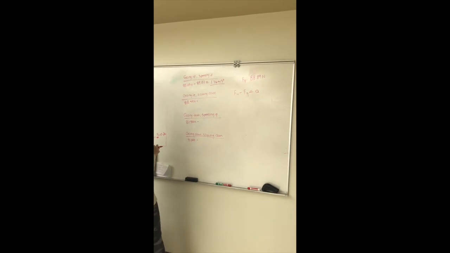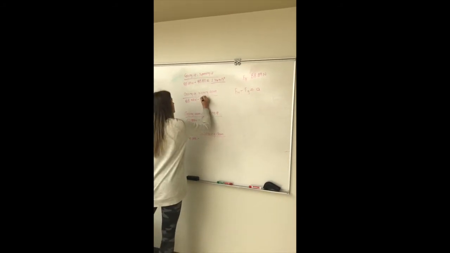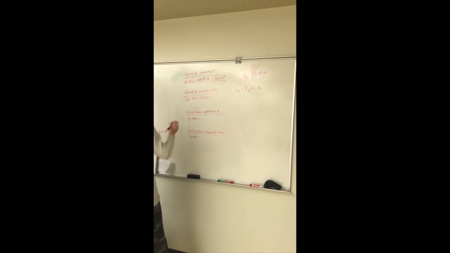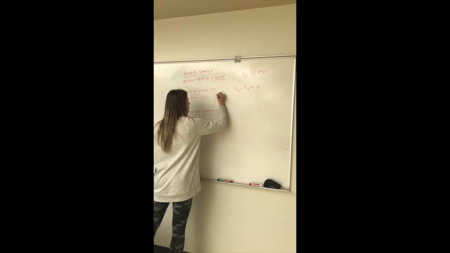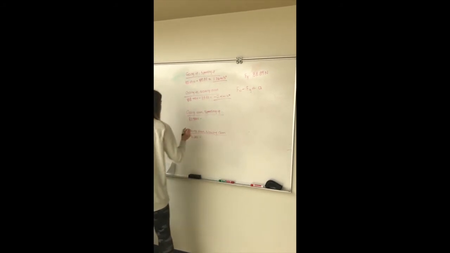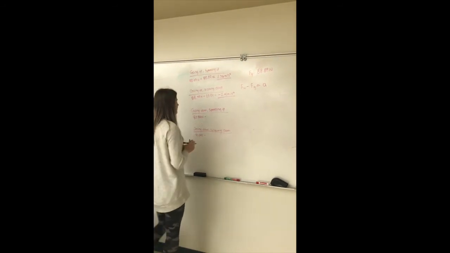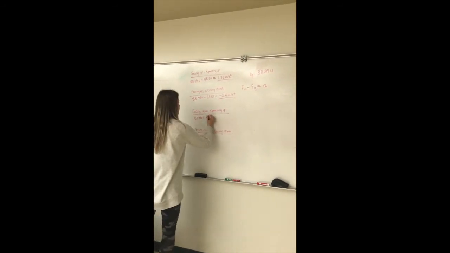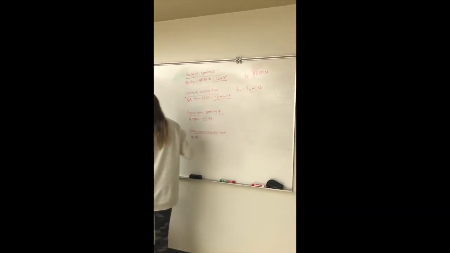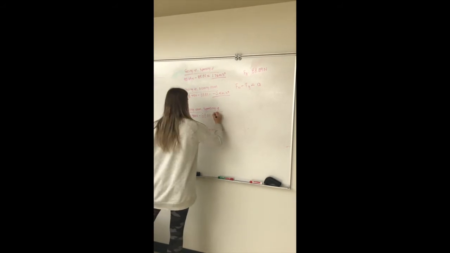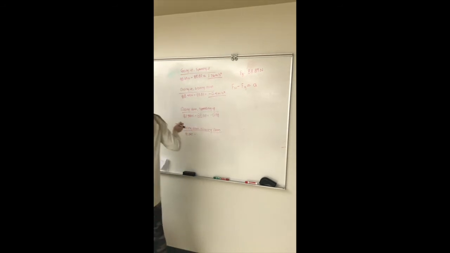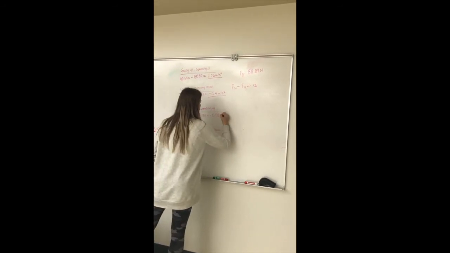So then when the elevator is going up and slowing down, the acceleration is negative 0.4 meters per second squared. And when the elevator is going down, speeding up, the acceleration equals negative 9.984 meters per second squared.